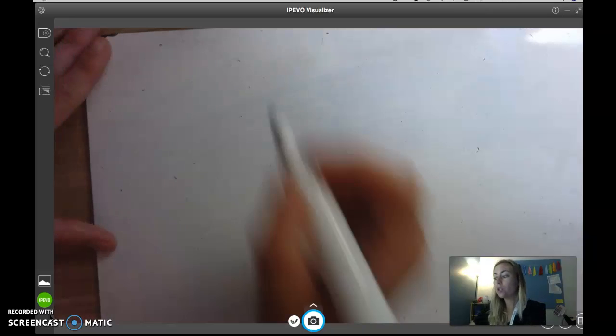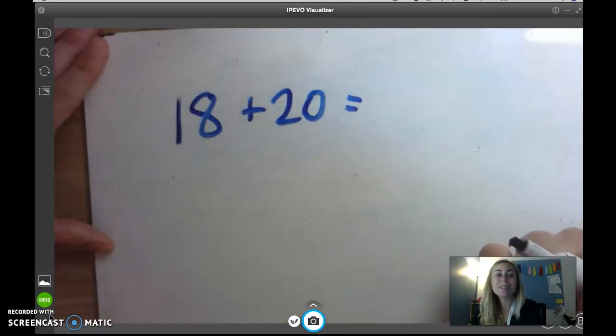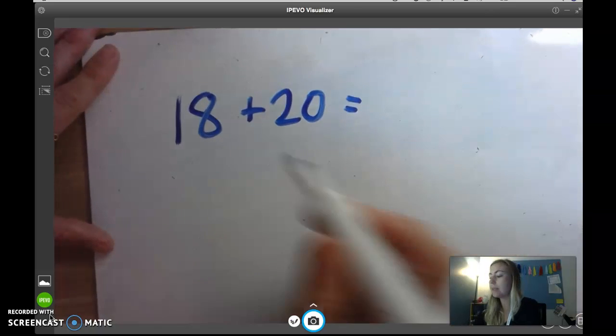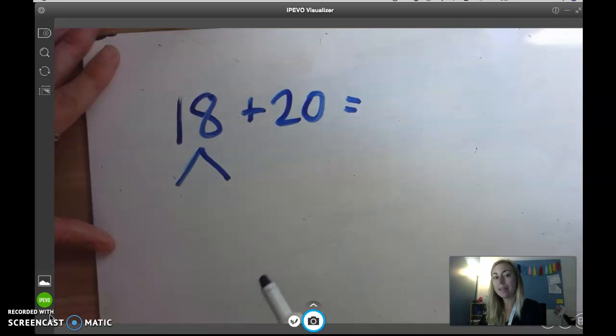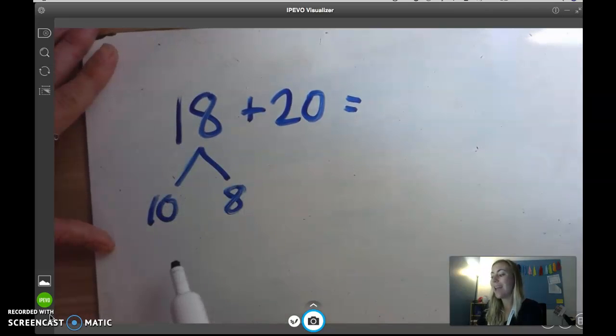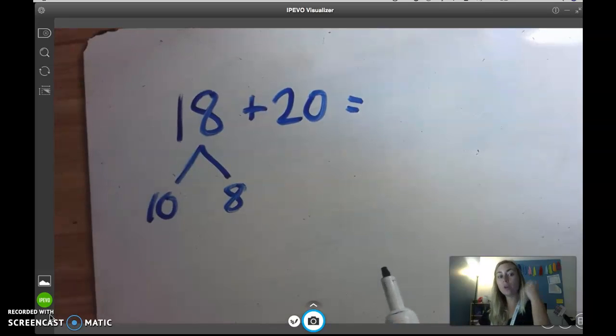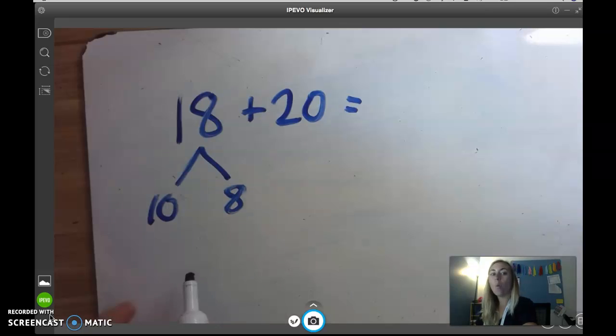Now it's your turn to show 18 plus 20 with decomposing and creating some number bonds. So if I have 18, I'm going to decompose into my tens and my ones. Now I want to add my groups of 10. So on the question, answer, what would you be adding right here?